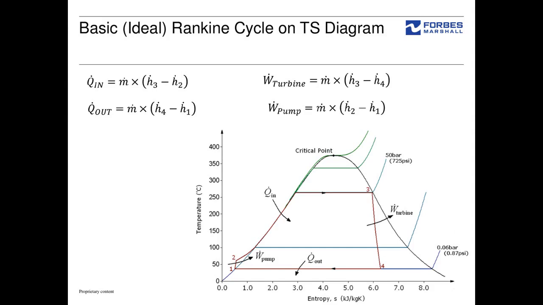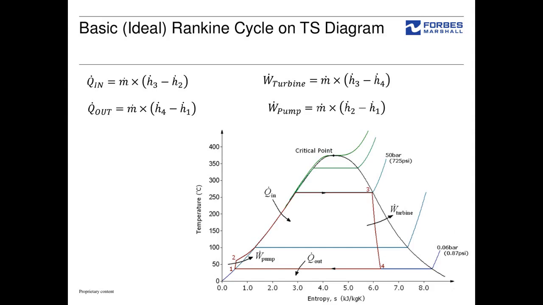Process 2 to 3 indicates the process inside the boiler. So heat input is given, and there is a phase change from the water phase at point 2 to the saturated steam phase at point 3.